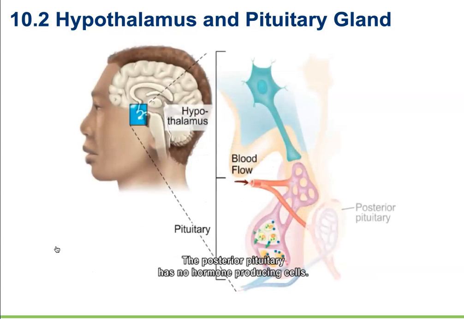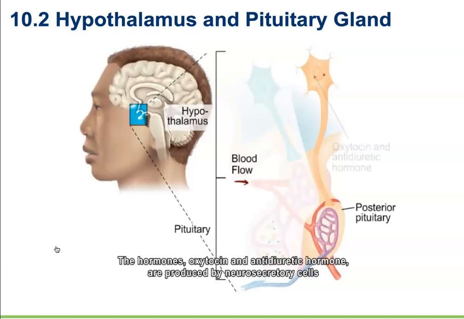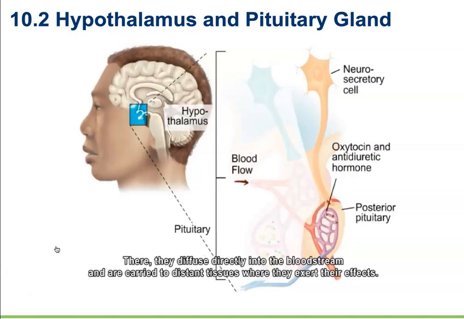The posterior pituitary has no hormone-producing cells. The hormones oxytocin and antidiuretic hormone are produced by neurosecretory cells in the hypothalamus and transported to the posterior pituitary. There, they diffuse directly into the bloodstream and are carried to distant tissues where they exert their effects.